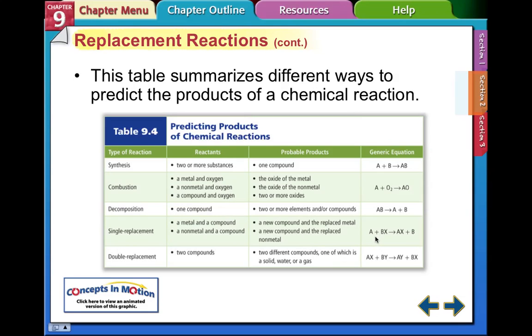A plus BX yields AX plus B. Double displacement or double replacement reaction: you have 2 compounds as your reactants and, as your products, 2 different compounds, one of which is a solid, a water, or a gas. An example, AX plus BY yields AY plus BX.